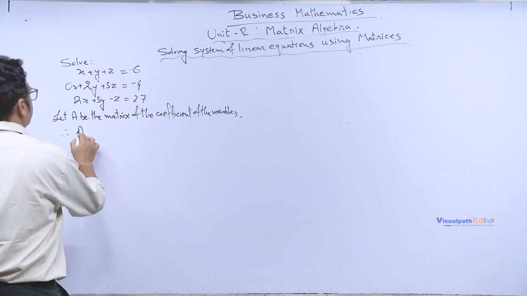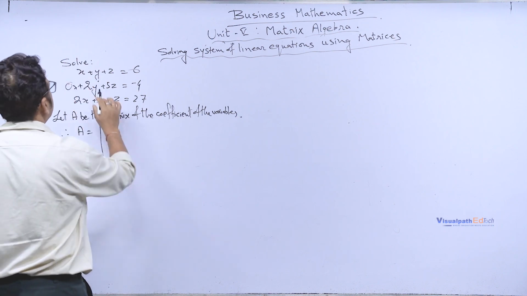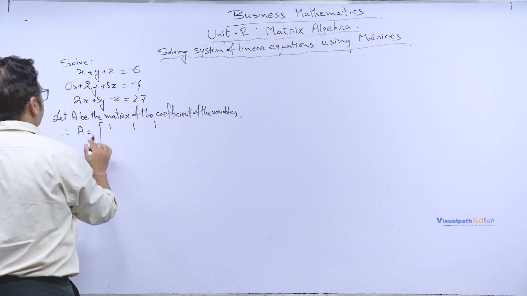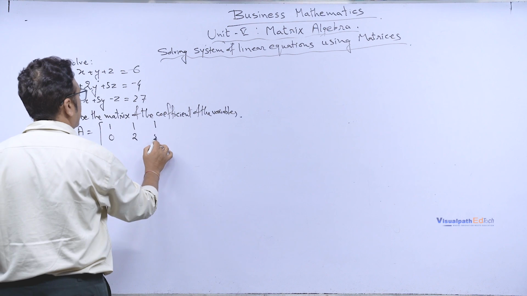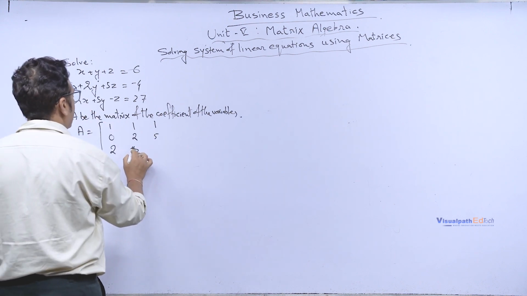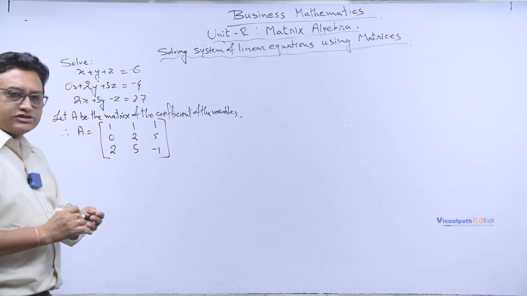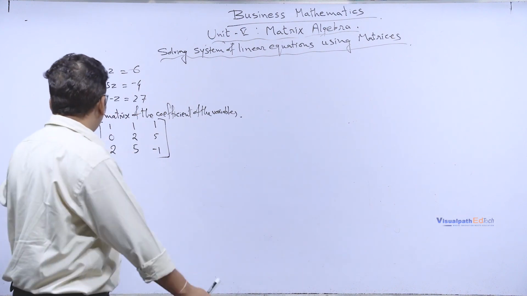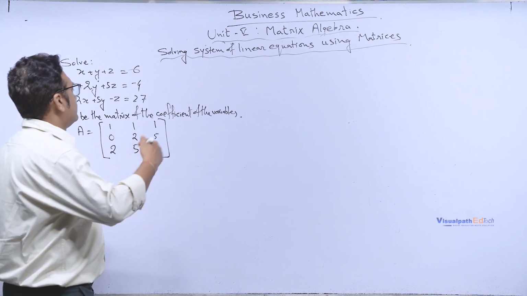Therefore, A will be equal to 1, 1, 1; then 0, 2, 5; finally 2, 5, minus 1. Clear? This is nothing but the matrix of coefficients of the given variables, and we have named that particular matrix A.